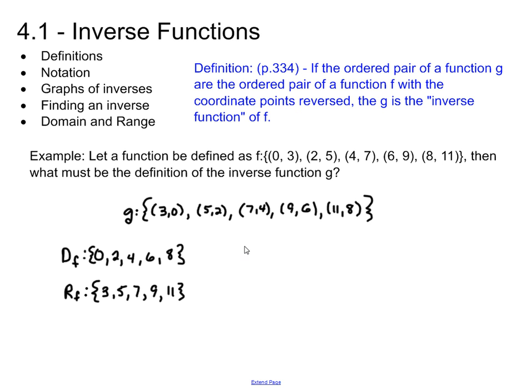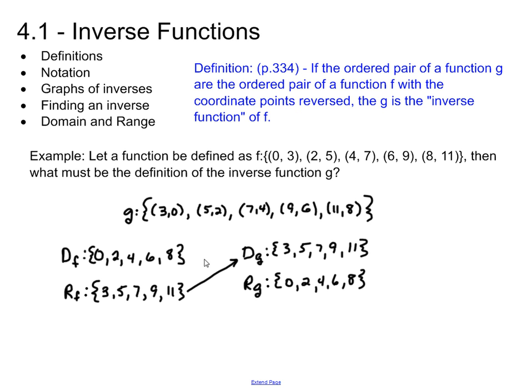What about g? Well, the domain of g happens to be the set 3, 5, 7, 9, and 11. And consequently, you can see what's going to happen with the range of g. It's going to be the set of all the values 0, 2, 4, 6, and 8.